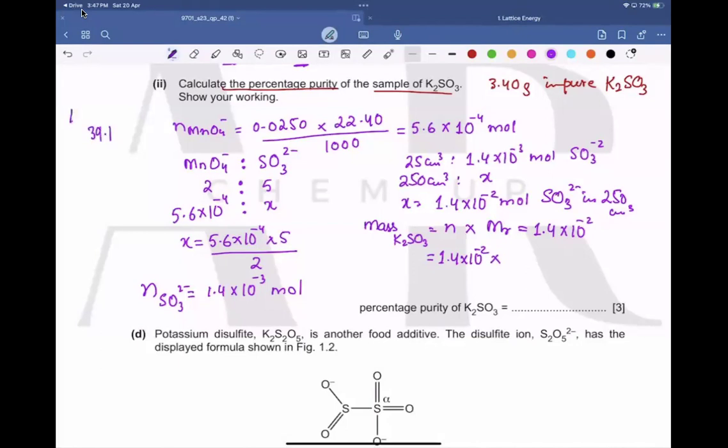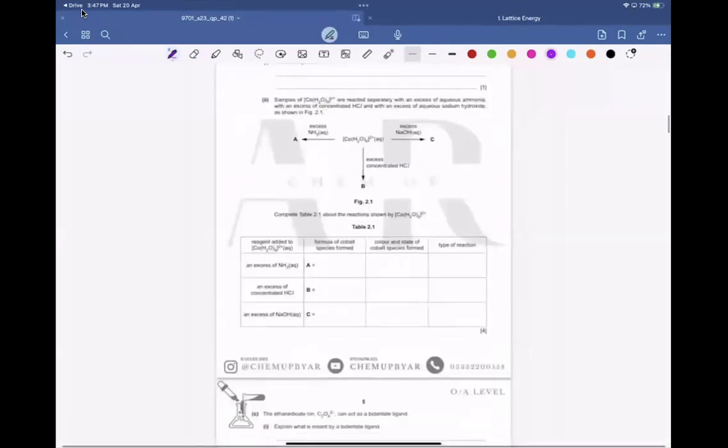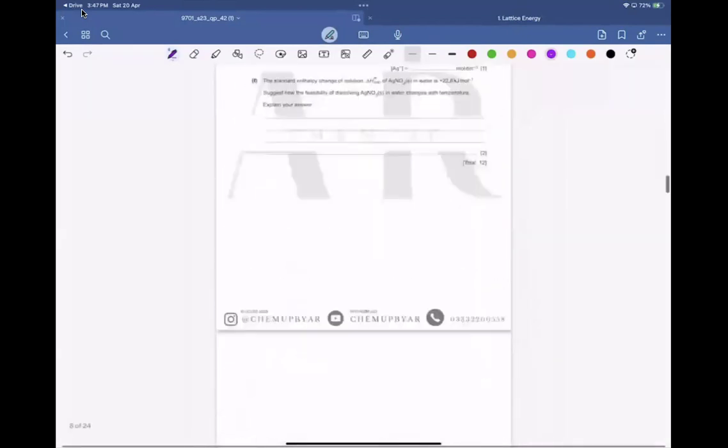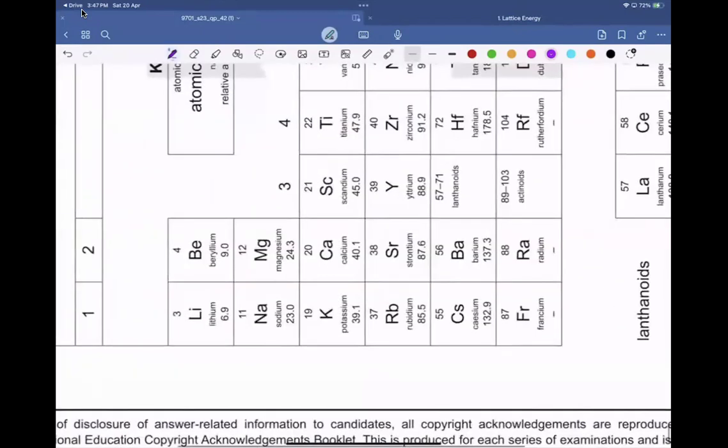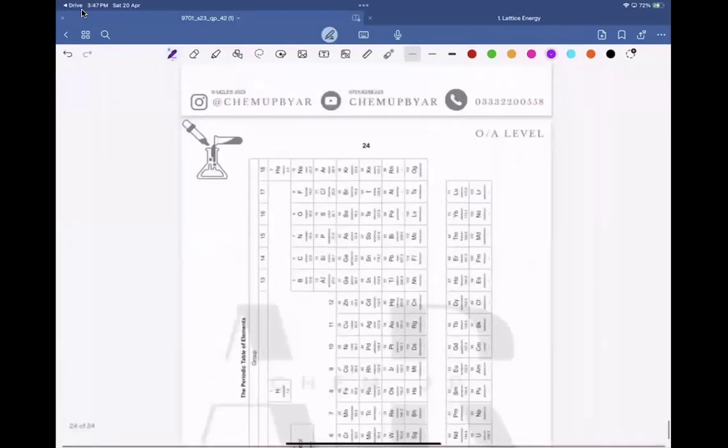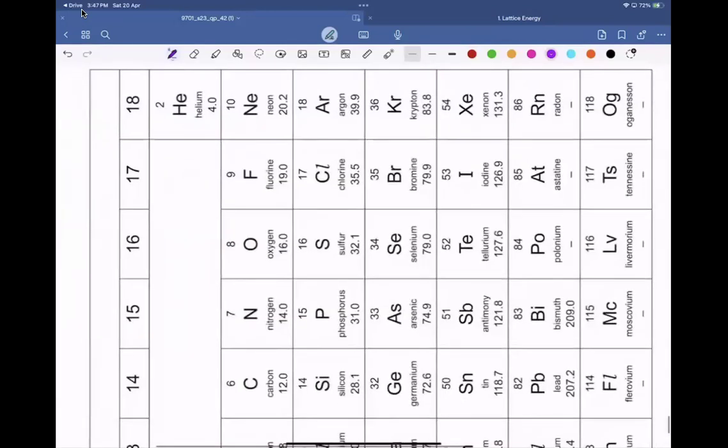If I'm not wrong, potassium is 39.1. Let me see, we have a periodic table at the end. So 39.1, times 2 potassium is 78.2.